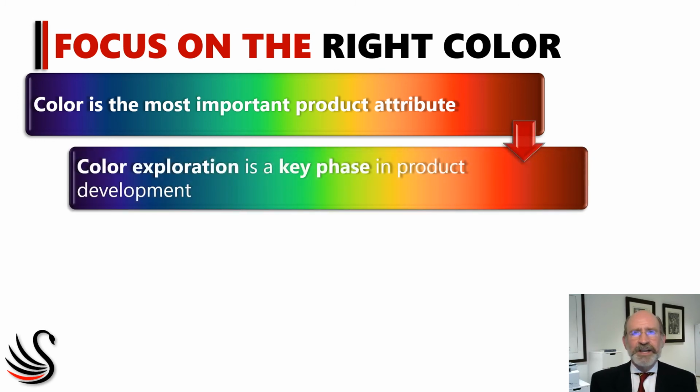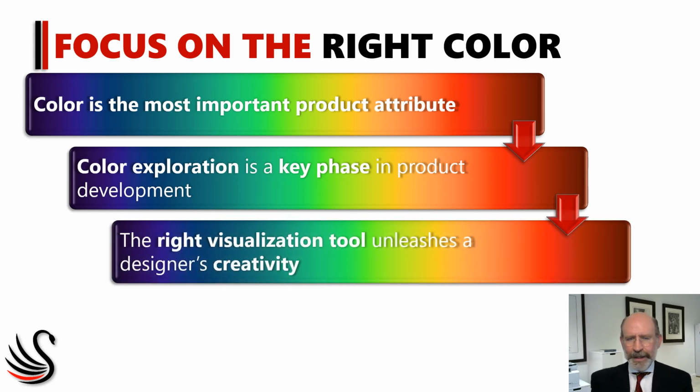Color exploration, the ability to search for and find that perfect color, is a key phase in product development. Having the right visualization tool to find that perfect color, to discover it, is super important, and doesn't really exist today. This color selection is not a multiple choice test. It's a discovery.